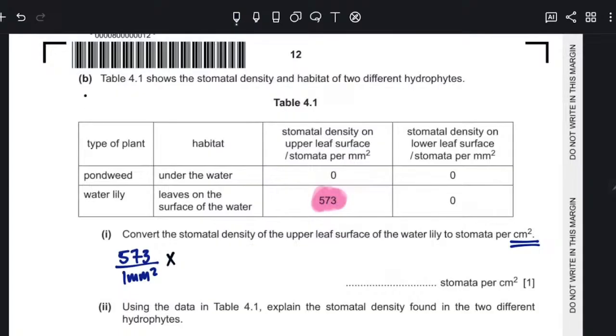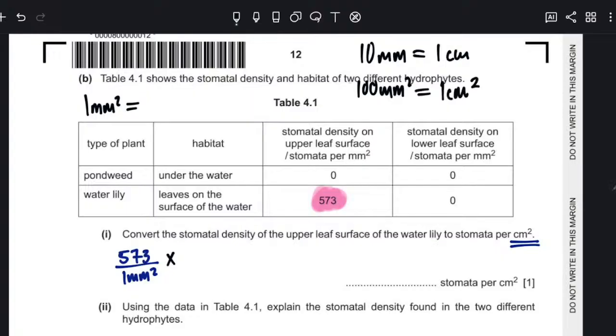What you need is the relationship between square millimeters and square centimeters. Remember, 10 millimeters is 1 centimeter, which means if I square it, I'll get 100. Because 10 squared is 100, and 1 squared is still 1, equal to 1 square centimeter. So this is the relationship. We talked about exchange rate. You need the relationship: 100 square millimeters is 1 square centimeter.